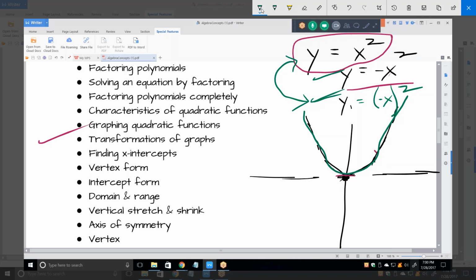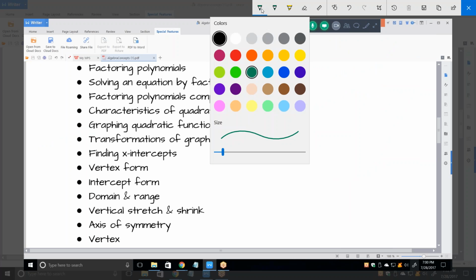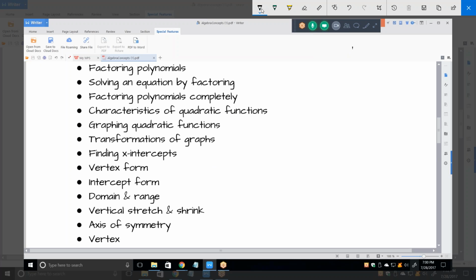You know what I mean when I say reflect over the y-axis? I think so. Let me give you a test on that. Let's say you have that function right there.